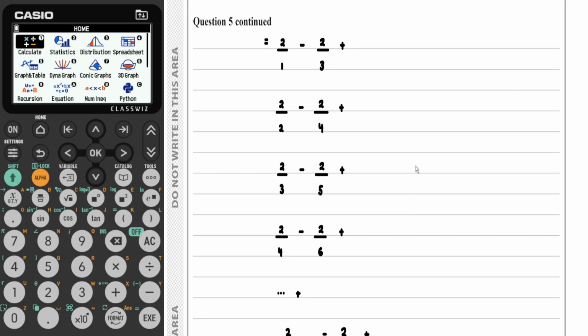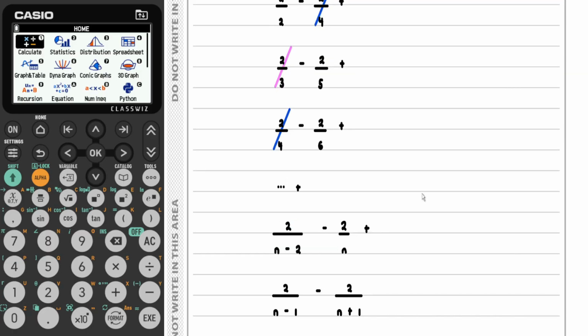If we take a look at the terms which cancel, we have this negative 2 over 3 cancelling with this positive 2 over 3. Then we have this negative 2 over 4 cancelling with this 2 over 4. And consequently, we would have this negative 2 over 5 cancelling with this 2 over n minus 2. And then we would have this negative 2 over 6 cancelling with this 2 over n subtract 1.